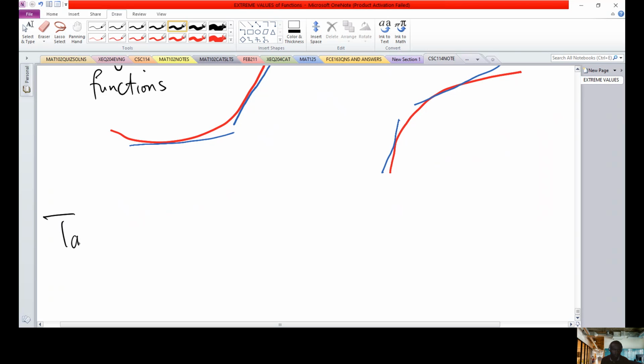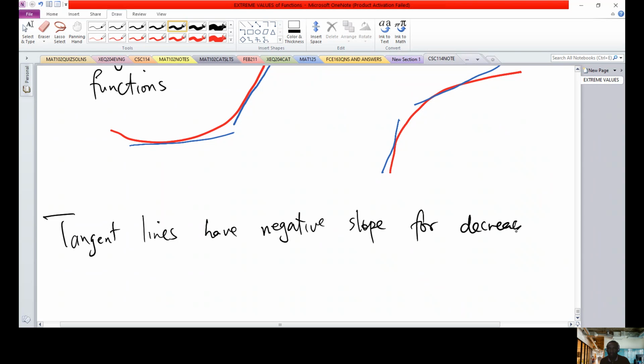Tangent lines have negative slope. So this is a negative slope, for decreasing functions.